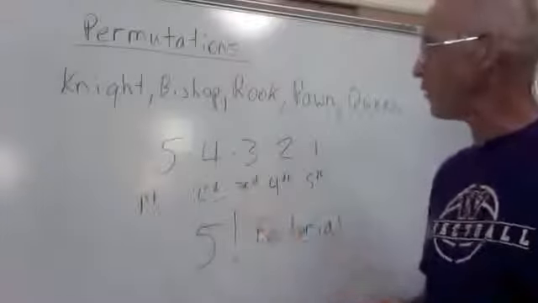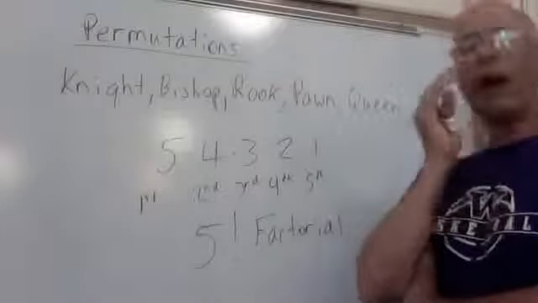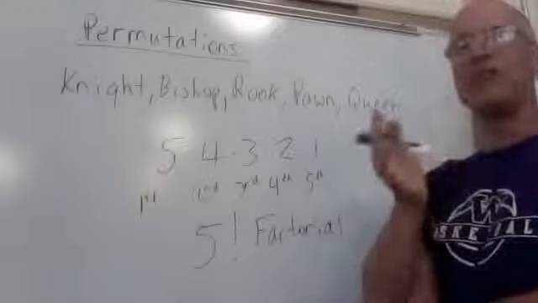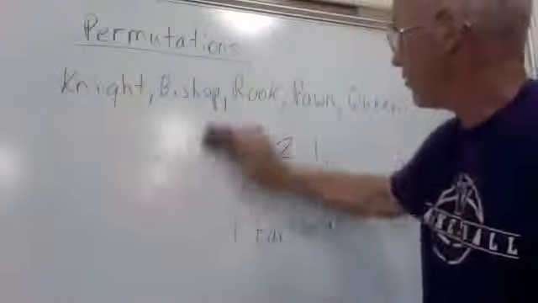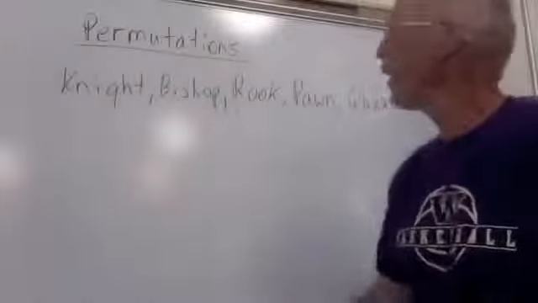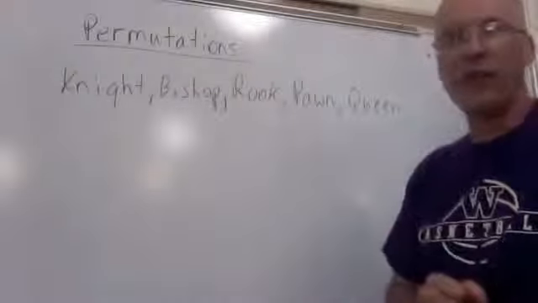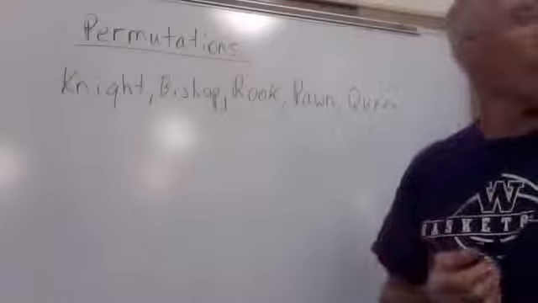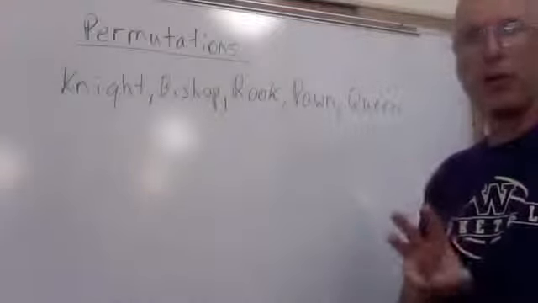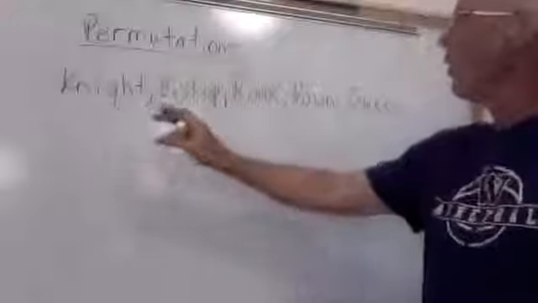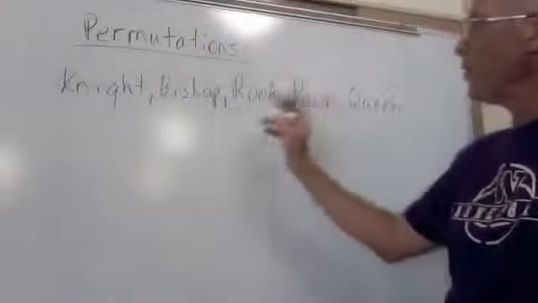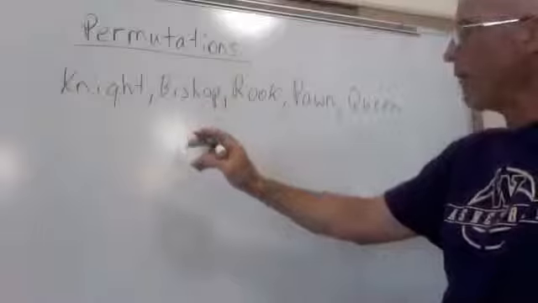What about a situation where I didn't use all the pieces? Let's pretend in my situation now that I have 5 pieces, but I only have time to move 3 of the pieces. So I am only going to be able to choose 3 out of the 5.